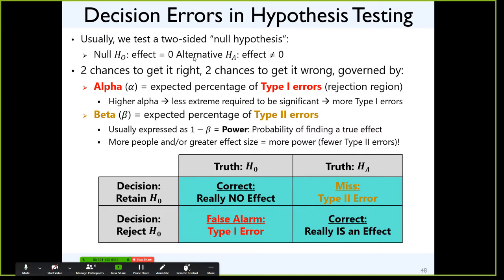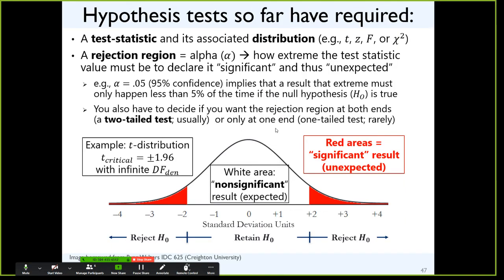So in making a conclusion about whether something is significant or non-significant, significant goes with unexpected, non-significant goes with expected. Significant goes with reject the null, non-significant goes with retain or do not reject the null.